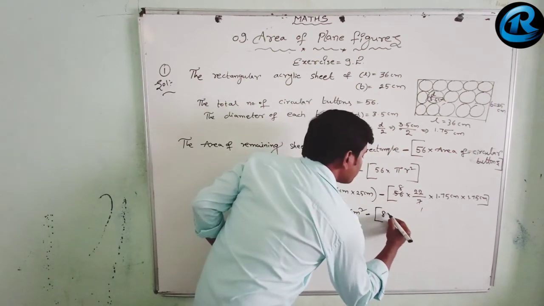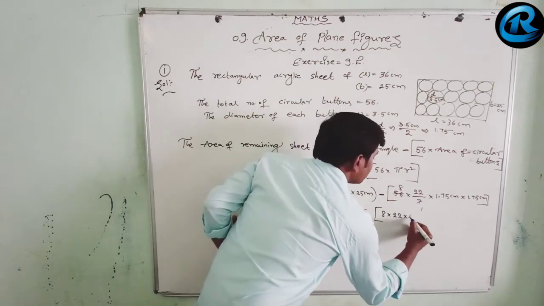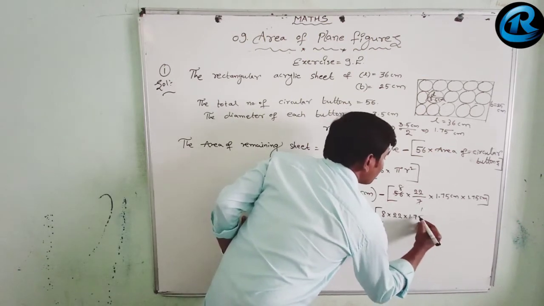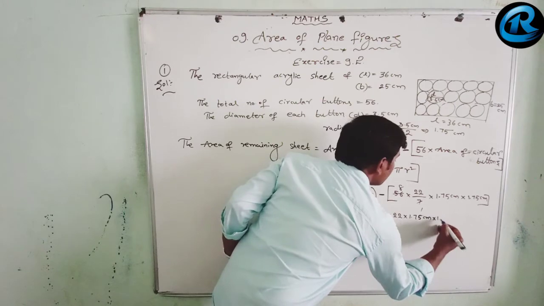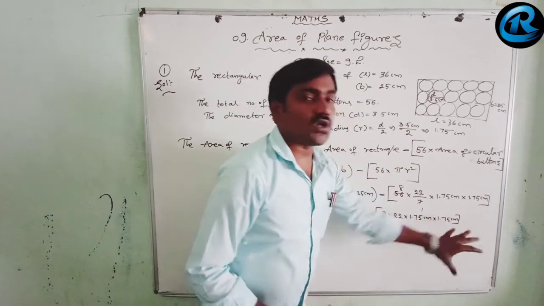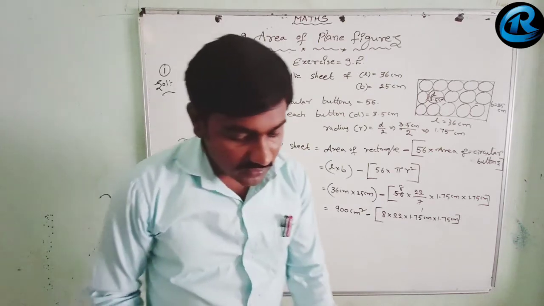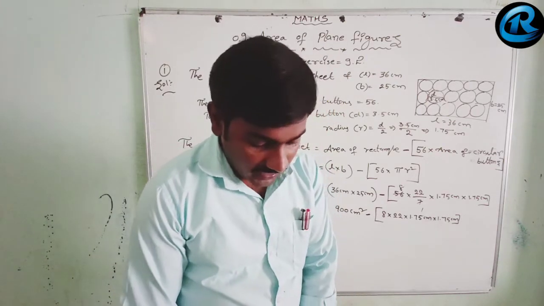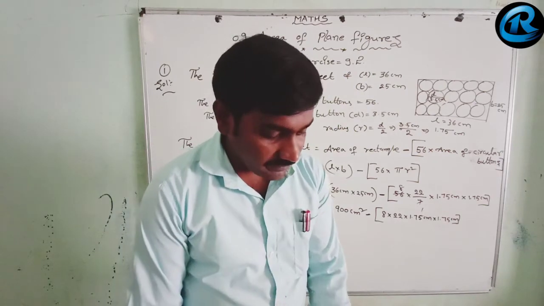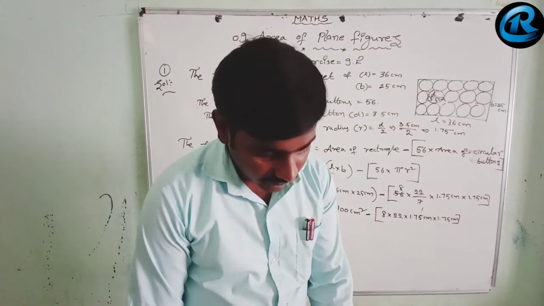8 into 22 into 1.75 centimeters into 1.75 centimeters. If you multiply all this, you will get a particular answer. Already I have solved this problem, so the same thing I will tell you now.